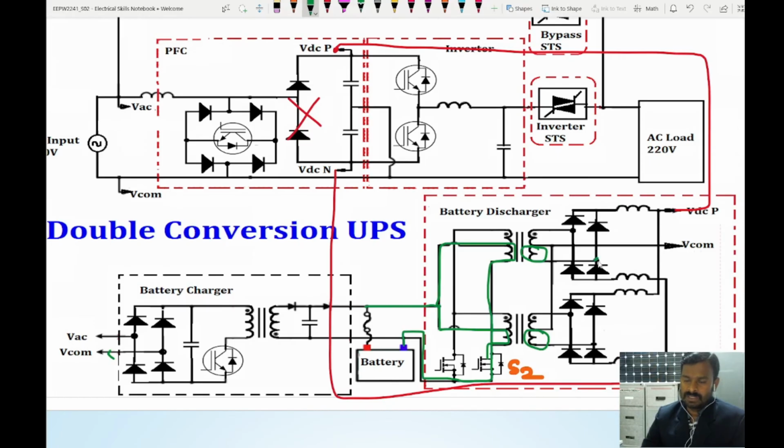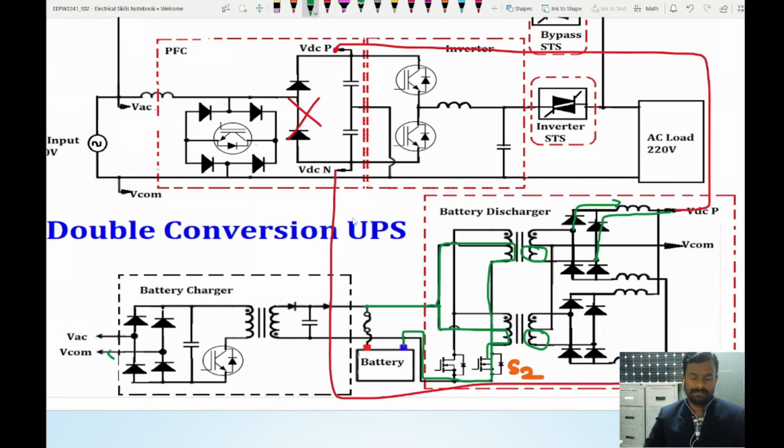It will go through this diode, through this one, go back to the DC negative point, and come back. Similarly, when it was feeding here, it will go through this path. So this is how it discharges the battery energy to the load through the push-pull converter.